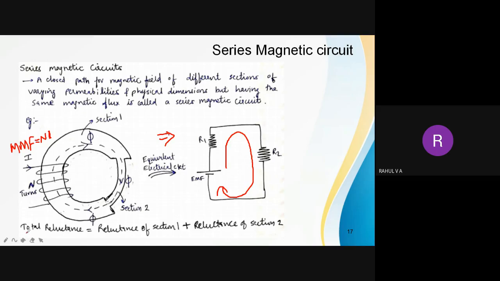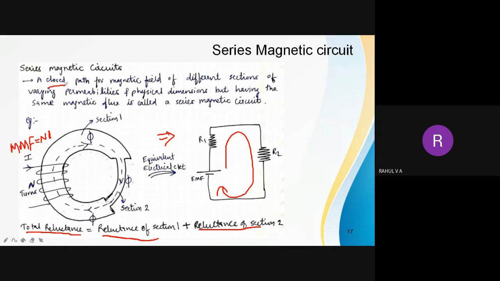So the total reluctance in this material is the reluctance of section 1 plus the reluctance of section 2.